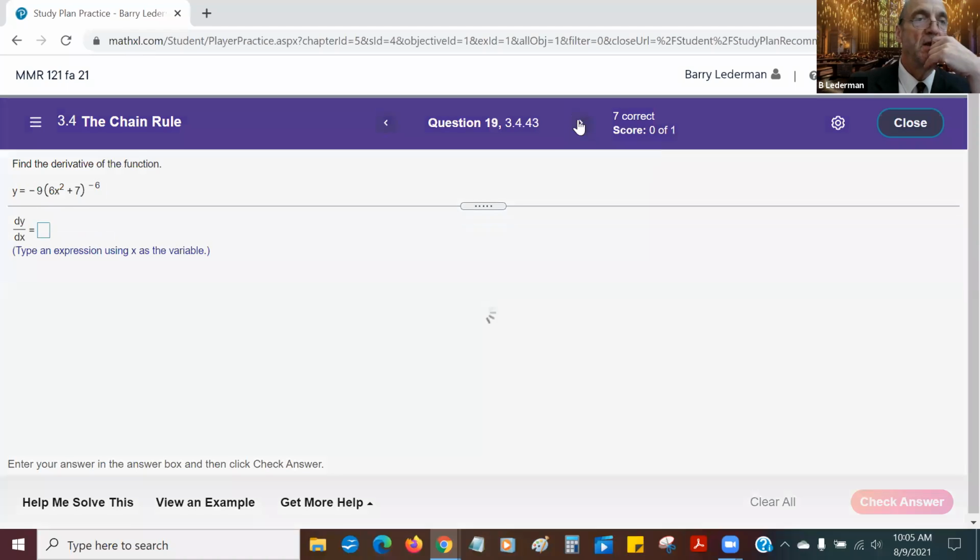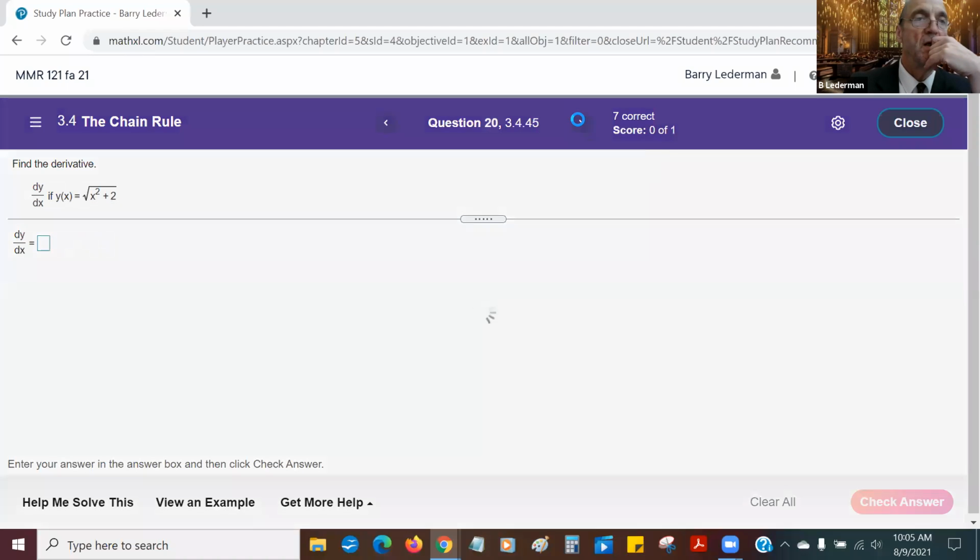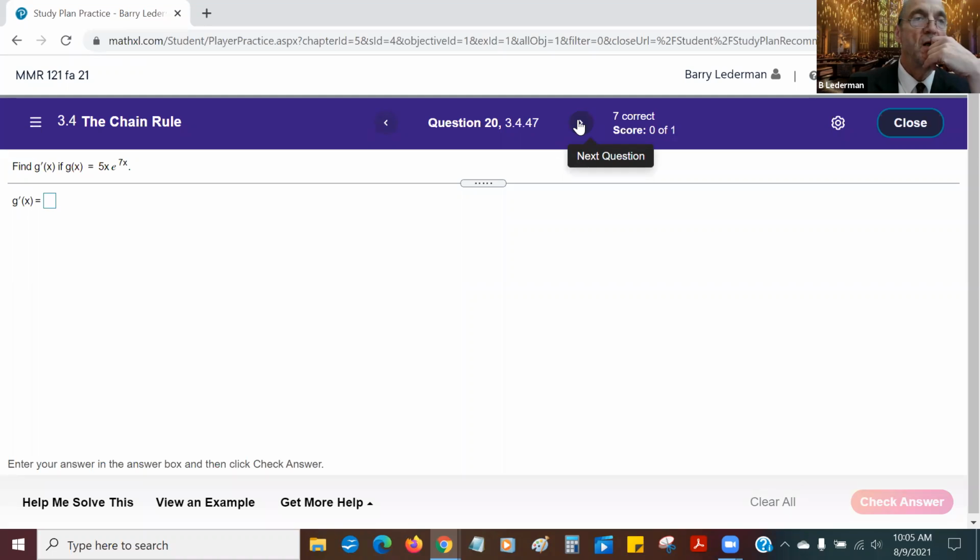Oh, this is going to be fun. This one here is going to be a combination of product rule and chain rule. In other words, 5x times e to the 7x, that's a product. So I'm going to do the product rule, but within the product rule, I'm going to need the chain rule to get the derivative of e to the 7x. So this is a nice one because it combines 2 different rules.